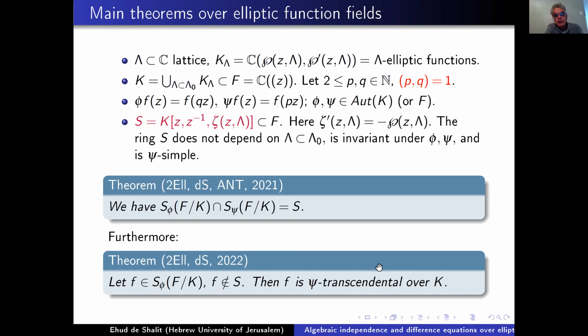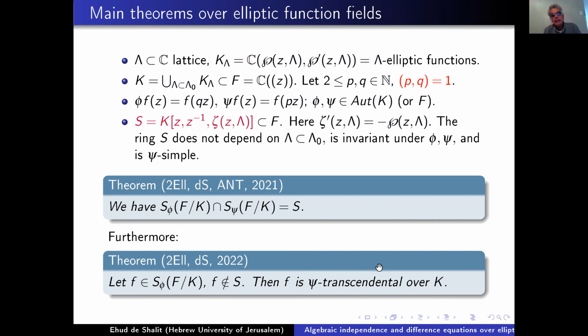And another difference is that we have to introduce now a ring which is larger than the field K, but still you should think of it as a certain small ring of global functions. It's the ring generated over K in the field F by Z, Z inverse, so Laurent polynomials in Z, and the Weierstrass zeta function zeta of Z lambda, which is the primitive of the P function, but in itself is not an elliptic function, it is not lambda periodic.